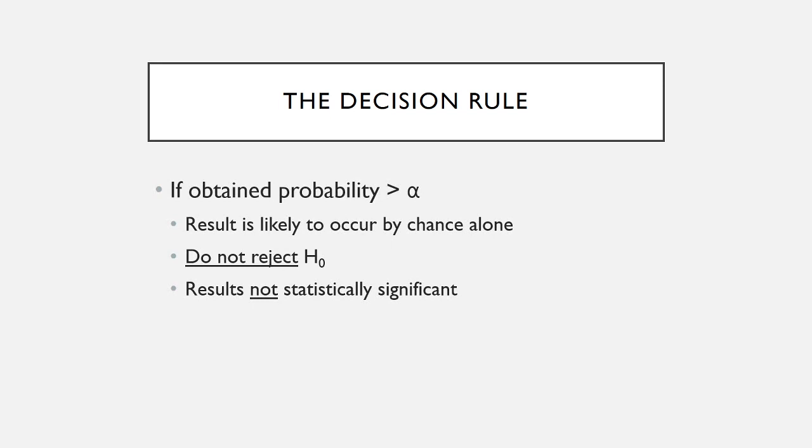Okay? If our obtained probability of whatever outcome we get is greater than that critical probability value, the idea is we think, well, the odds of our result having happened by chance is higher than I'm comfortable with. So I'm not going to reject the null hypothesis.